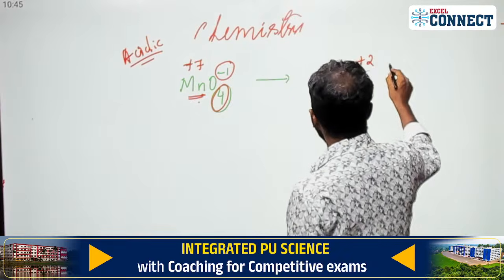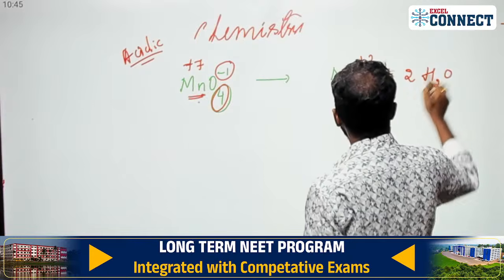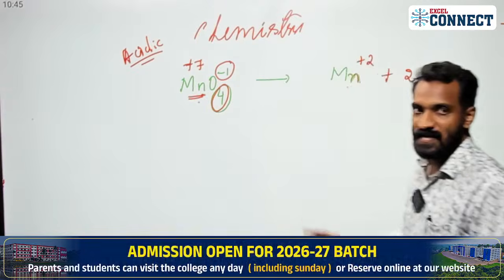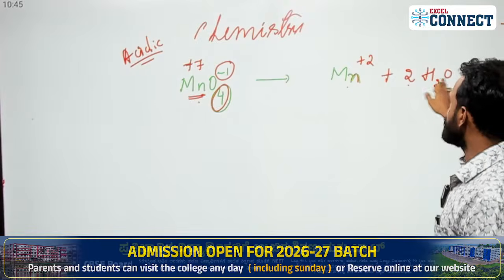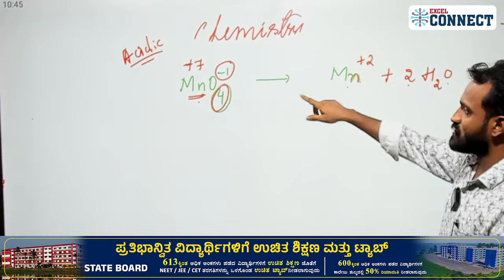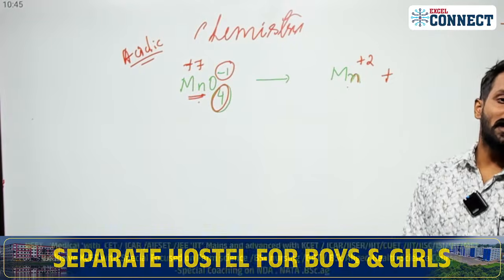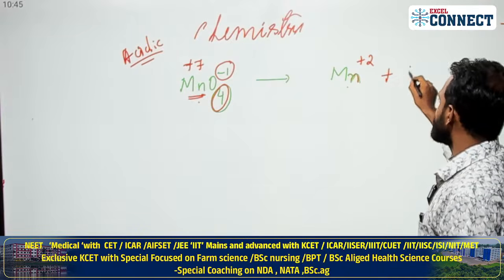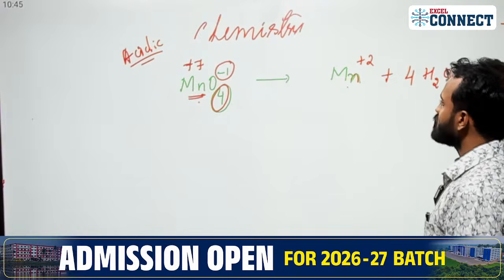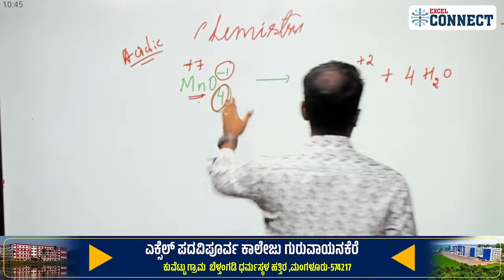But now it is 2 oxygen only. It is wrong. If I add 2 water, here only 2 oxygen is there, actually 4 oxygen is there. So, tell me now. 4 water, correct. By adding 4 water here it becomes 4 oxygen. This side 4 oxygen, balanced.